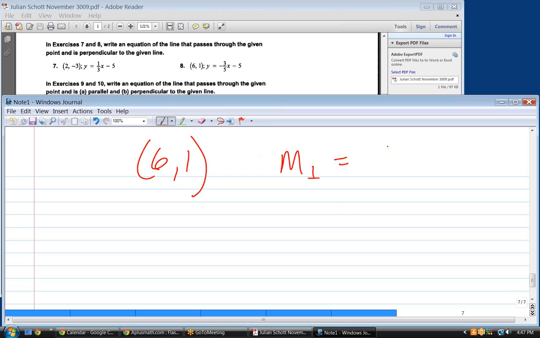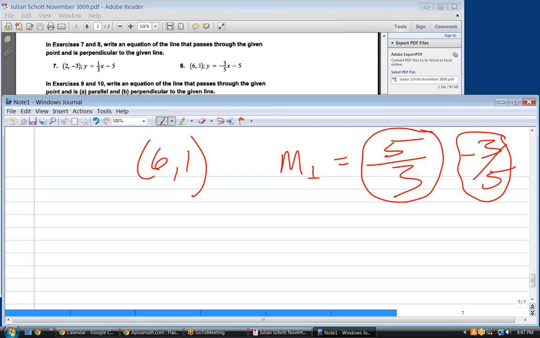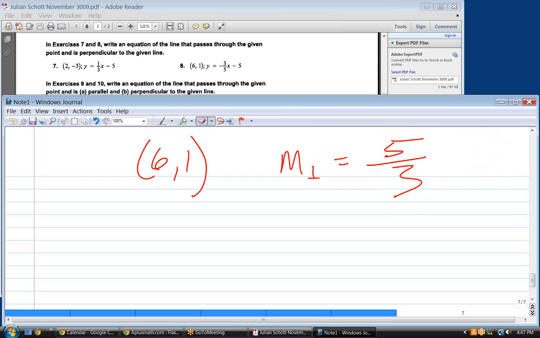That's fine, as long as you know that you have to do two things to get the perpendicular slope. You got to flip it and change its sign, because that was a -3/5. Well, the -3/5 is the negative reciprocal of 5/3, just as 5/3 is the negative reciprocal of -3/5. They're both to one another.